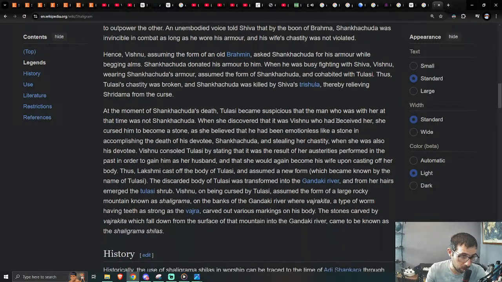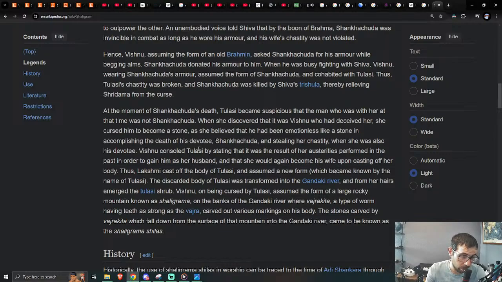When she discovered that it was Vishnu who had deceived her, she cursed him to become a stone, as she believed that he had been motionless like a stone in accomplishing the death of his devotee, Shankashuda, and stealing her chastity when she was also his devotee.